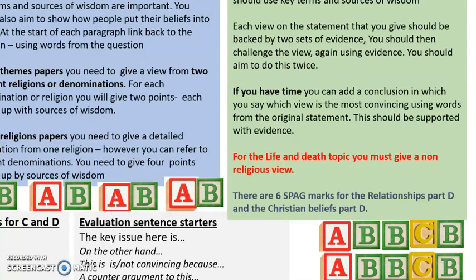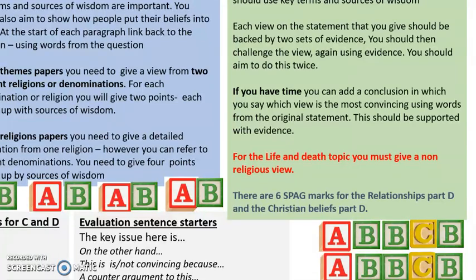You do get spelling marks for the first part D question on papers 1 and 2: your relationships question on the themes paper and the Christian beliefs question on the Christianity paper.